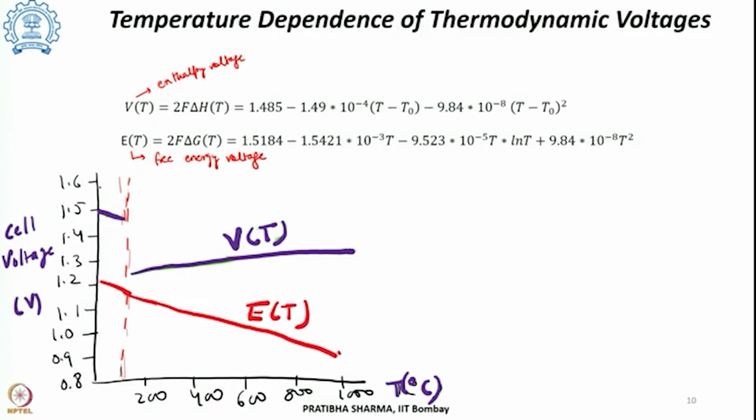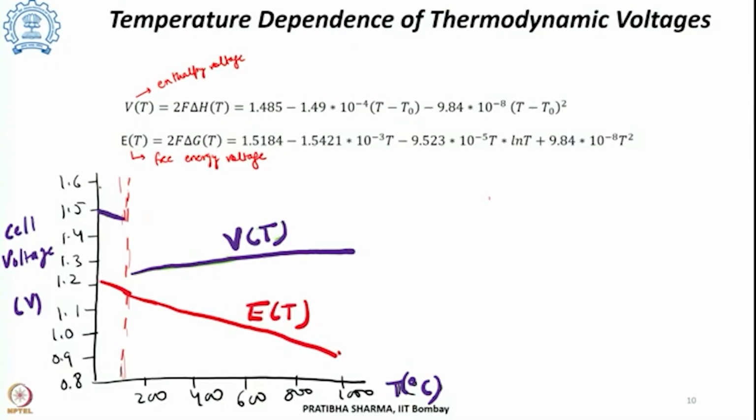After that these changes in the voltage are similar to what we have seen in the thermodynamic potentials, and correspondingly similar to the variations in the delta H and delta G with temperature that we have seen earlier. So if we see here, the V of T is almost remaining constant, however the E of T changes as the temperature of the cell changes.